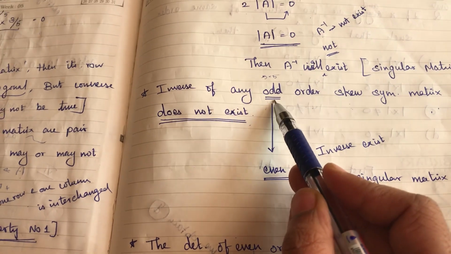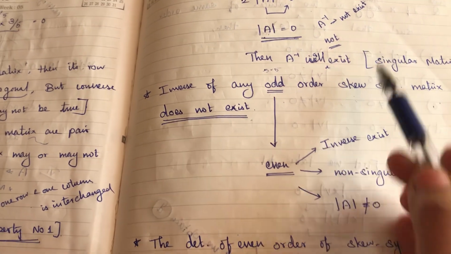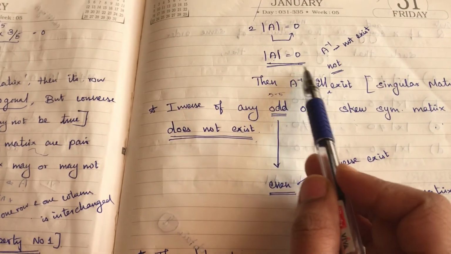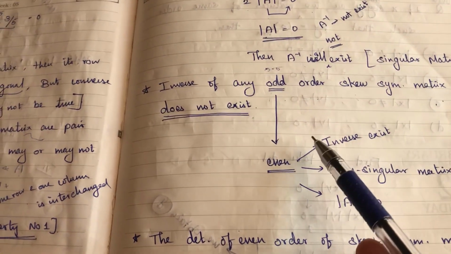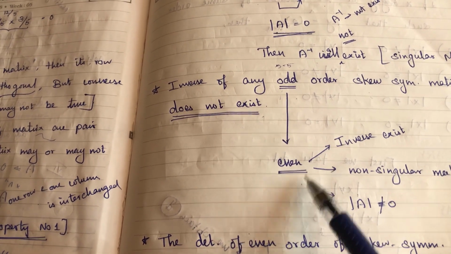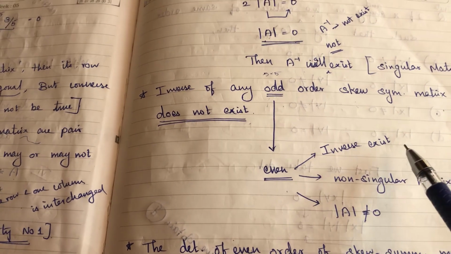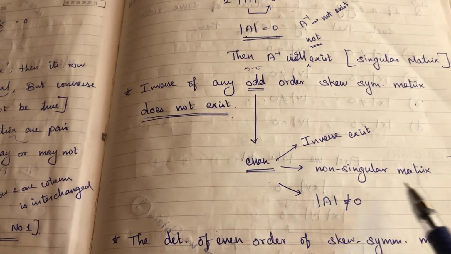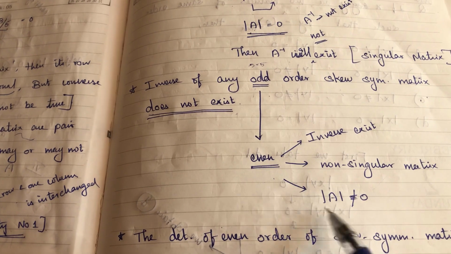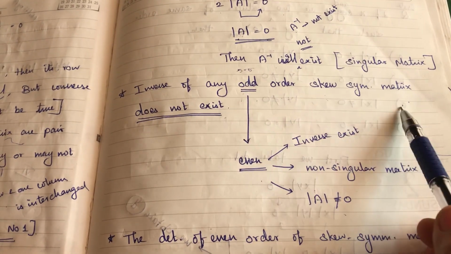So if it is odd, it will be a singular matrix, the inverse will not exist and the determinant value will be equal to 0. Or if it is an even order matrix, the inverse will exist and this matrix is a non-singular matrix and the determinant value will not be equal to 0. So this is for the skew symmetric matrix.